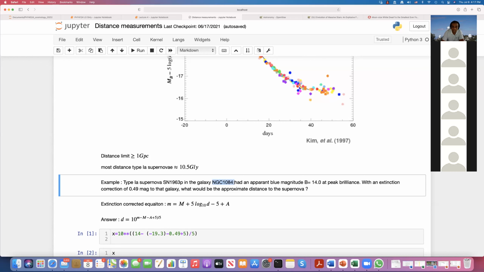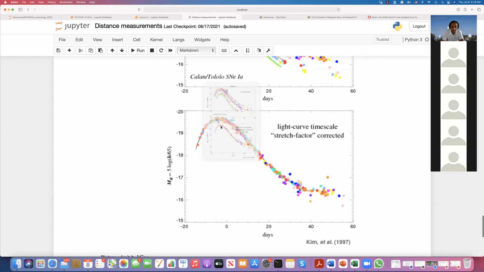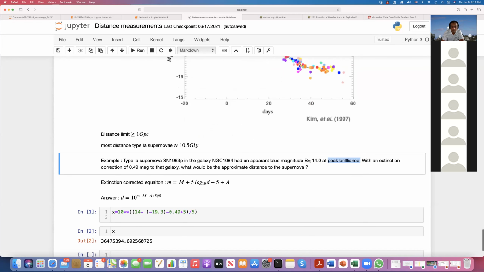This is the name of the galaxy. And when you observe the supernova in this galaxy, it had an apparent blue magnitude equal to 14.0 at the peak brilliance, which means this peak value right here is 14.0, and this is the apparent magnitude, right?